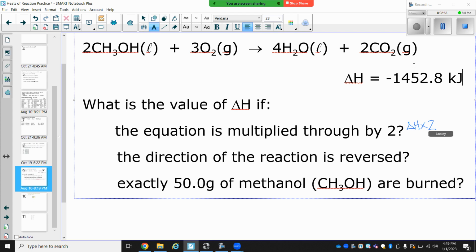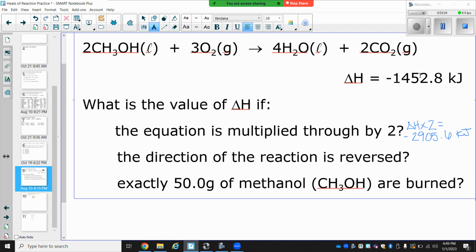So that means that that is going to have a delta H value equal to negative 2,905.6 kilojoules. So remember, if you multiply the equation or if you divide the equation by 2, you have to do that same thing to delta H.